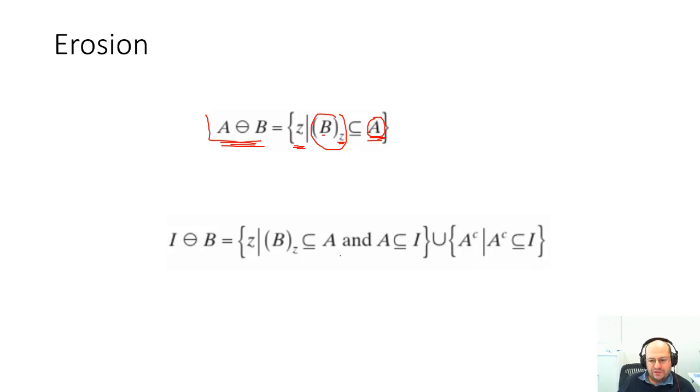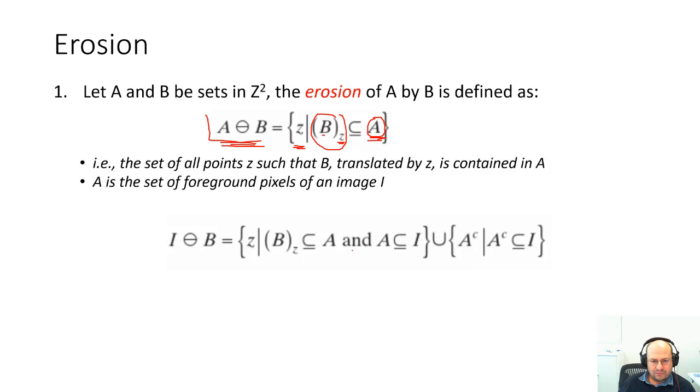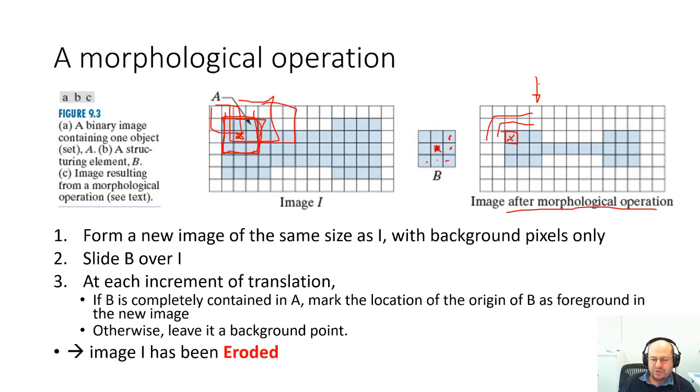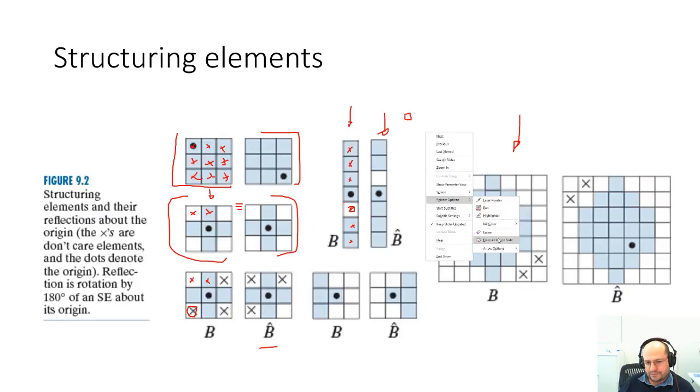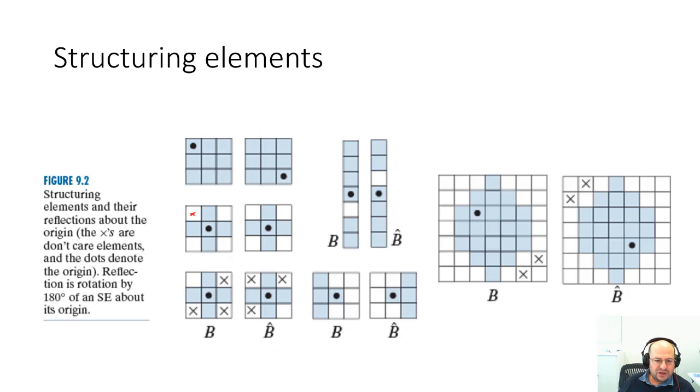Of course, I also have to take into account the background. In this case, I didn't need to take into account the background pixels because the structuring element was totally composed of foreground pixels. Now, if the structuring element also has background pixels like these ones, I'll have to take that into account. I still have to make certain that the whole thing is inside of the image. What does inside of the image mean?